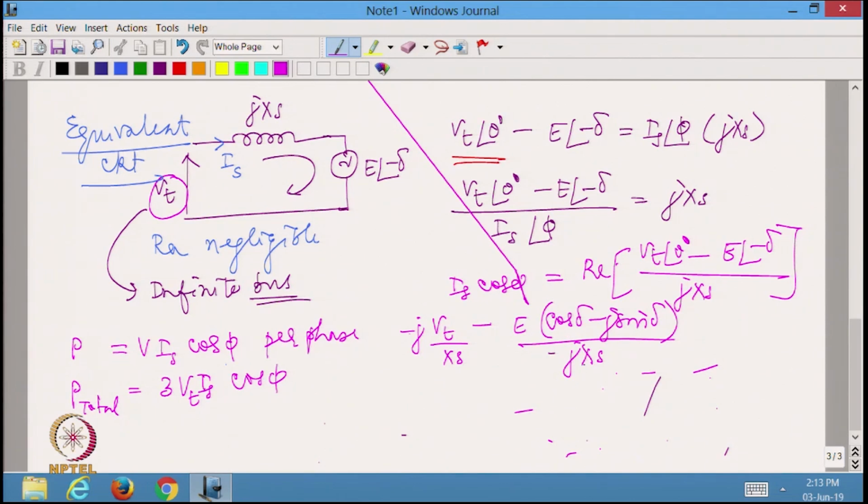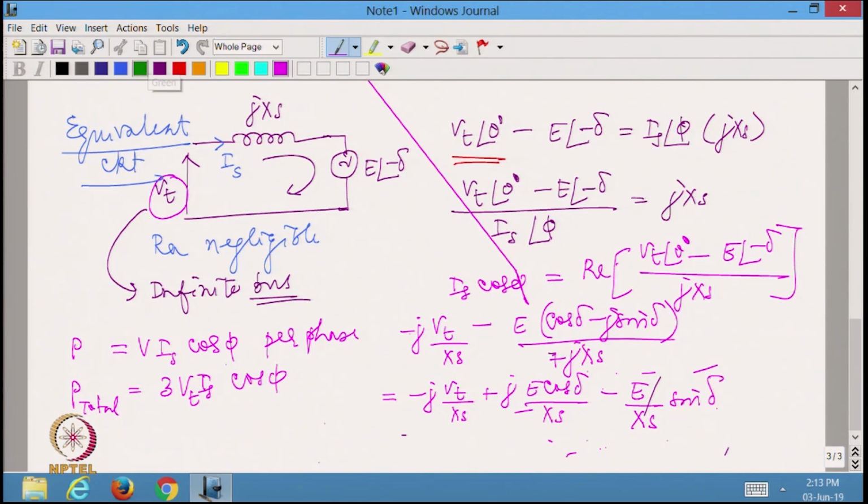So, this will be E cos delta divided by jXs. So, I can write minus E cos delta divided by plus jXs, because of which I should be able to write this as minus j Vt by Xs plus j E cos delta divided by Xs, and I can cancel out this j with this j, and minus into minus is plus. So, I should be able to write this as E by Xs multiplied by sin delta.